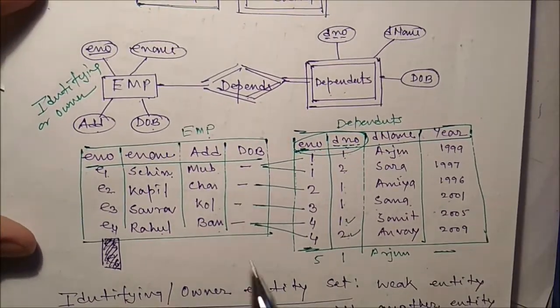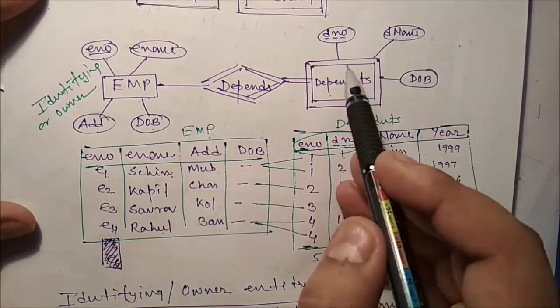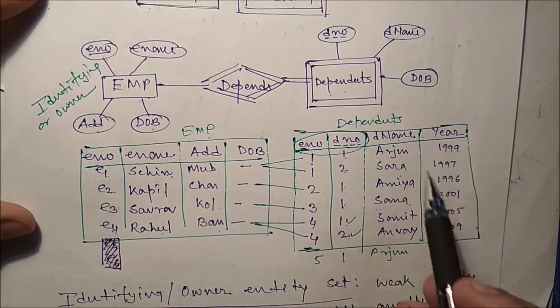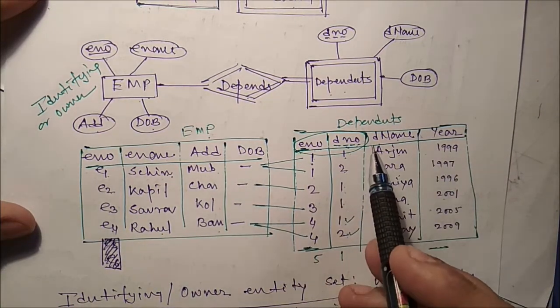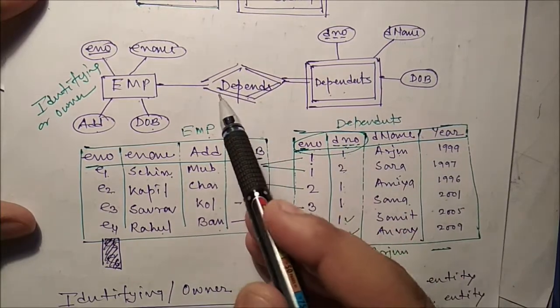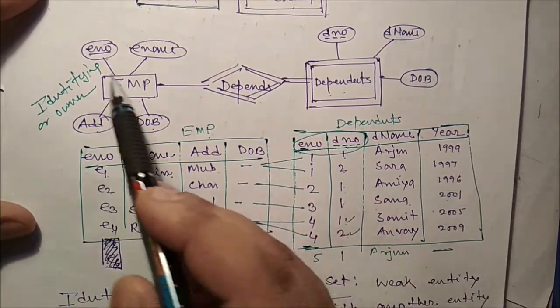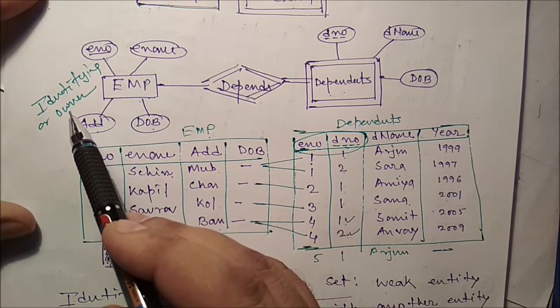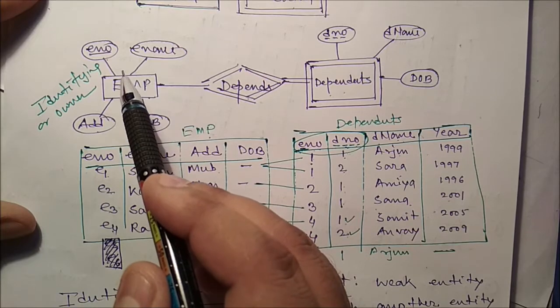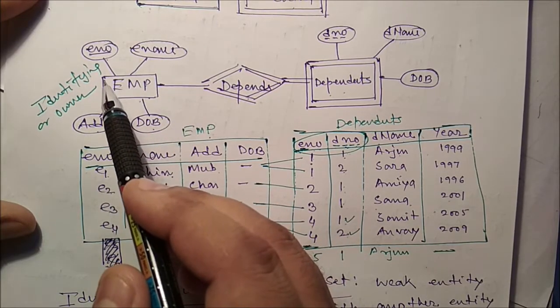So in summary, this is called a weak entity set because in this entity set we cannot form any primary key. A weak entity set must depend on some identifying or owner entity set. This owner entity set may be a strong entity set or another weak entity set.